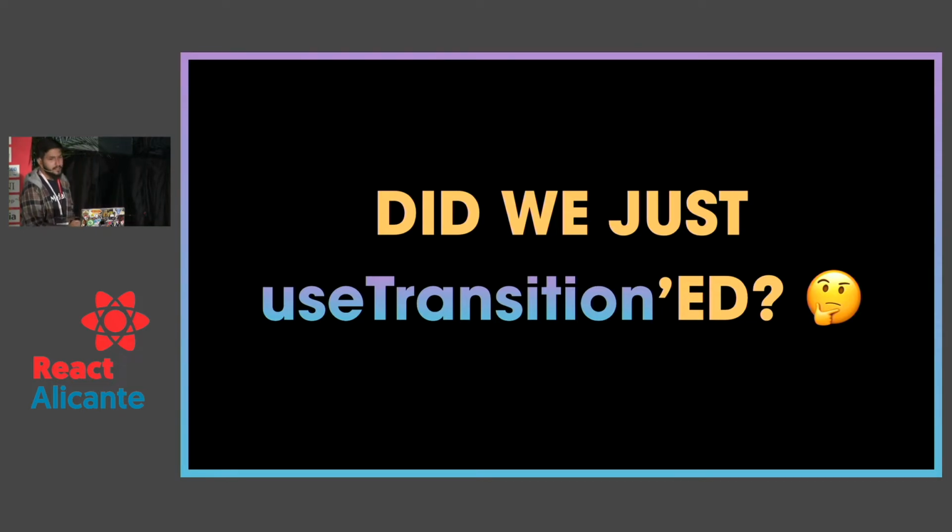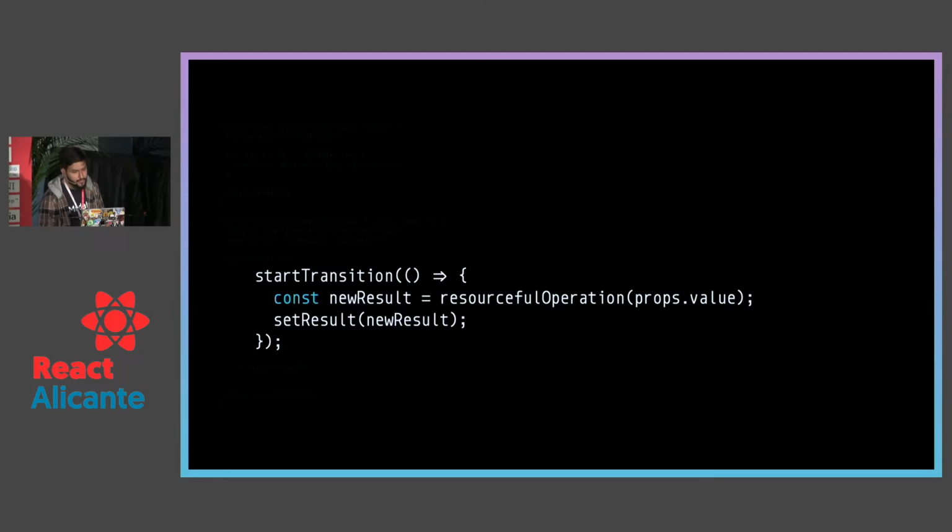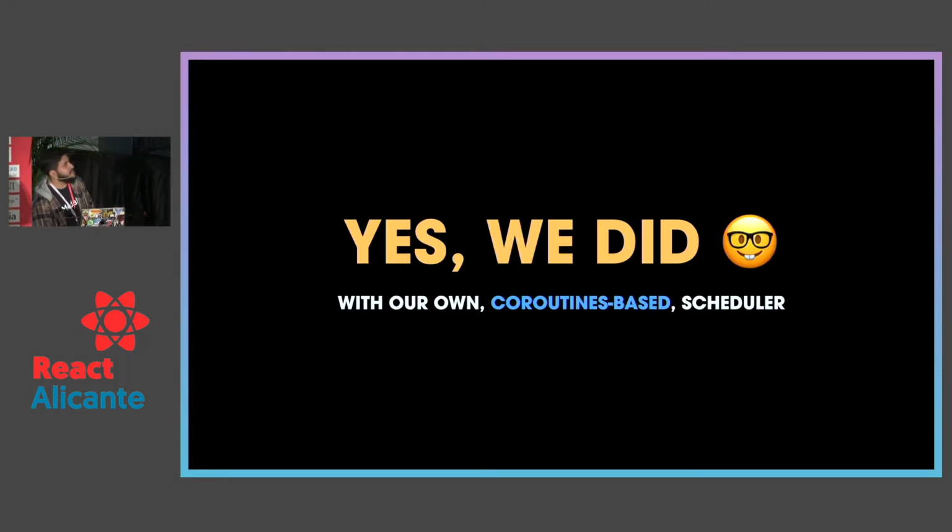If you see that, it might sound a lot like we just used something like useTransition from React 18. So if we go back to the original example and try to rewrite that with transitions from React 18, you will see that, yeah, we just did something similar. But instead of using the React scheduler, we used our own scheduler that we created in 40 lines with coroutines.